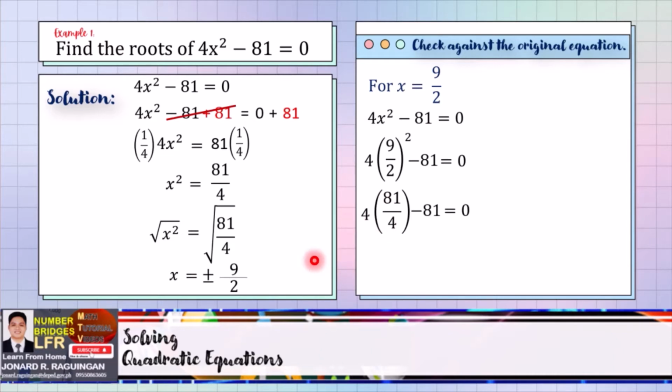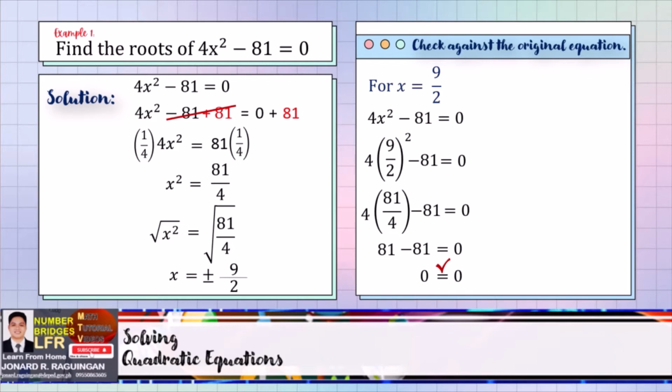Then the answer is 81 minus 81 is equal to 0. Then simplify, 81 minus 81 is equal to 0. Then it is a true equation. Therefore, 9 over 2 is a root of 4x squared minus 81 is equal to 0.